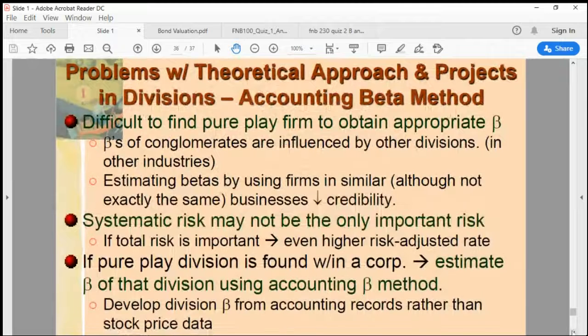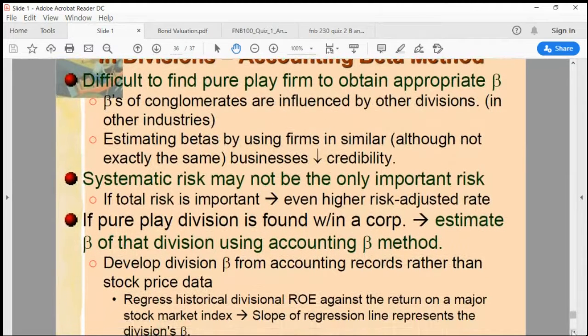Now, the problem with the theoretical approach is that it's difficult to find a pure play firm to obtain the appropriate beta. Betas of conglomerates are influenced by other divisions, which are all in other industries.